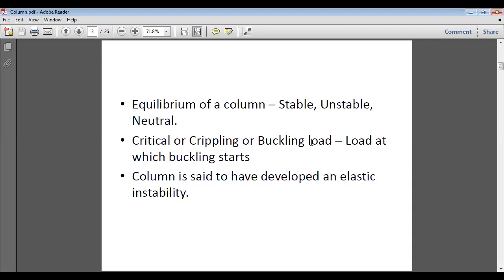So this load from both ends tries to cripple or buckle the column. So this is basically the reason for failure of the column.